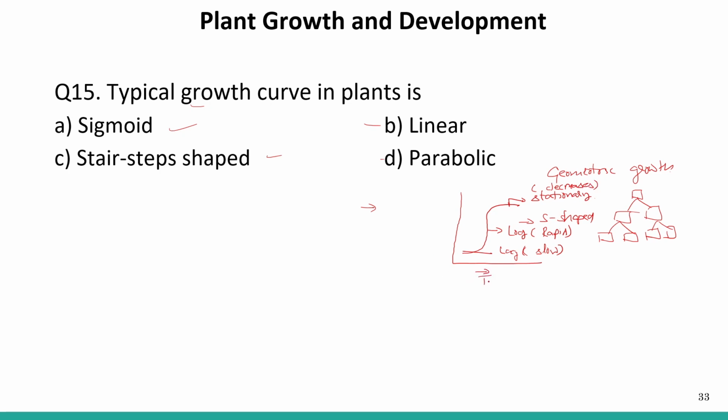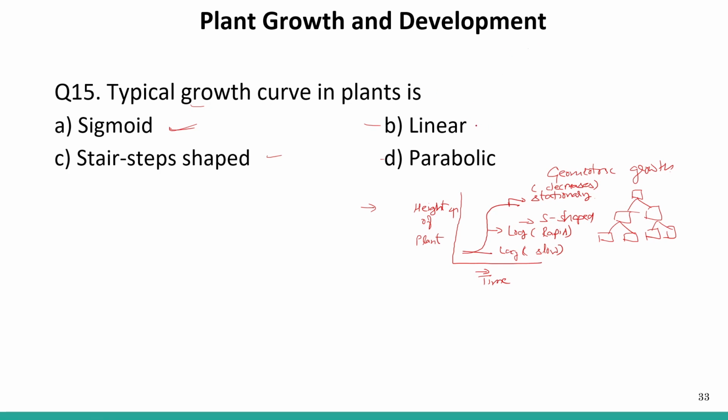Here we have time, and here suppose we have the length of the organ, or the height of the plant. So typically a sigmoidal growth curve is observed when we talk about growth in plants.